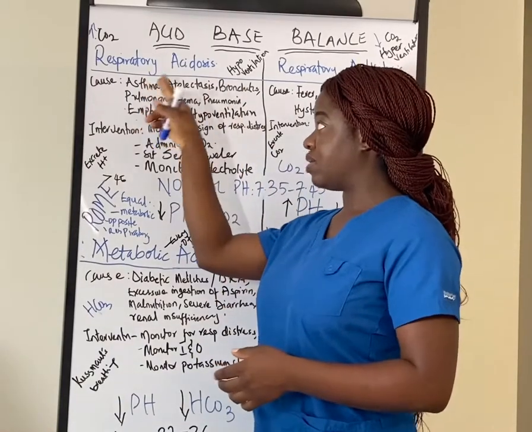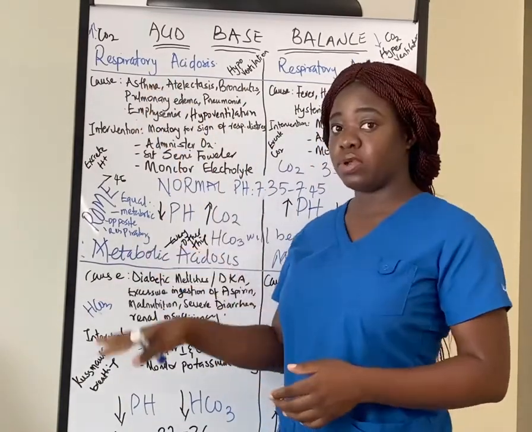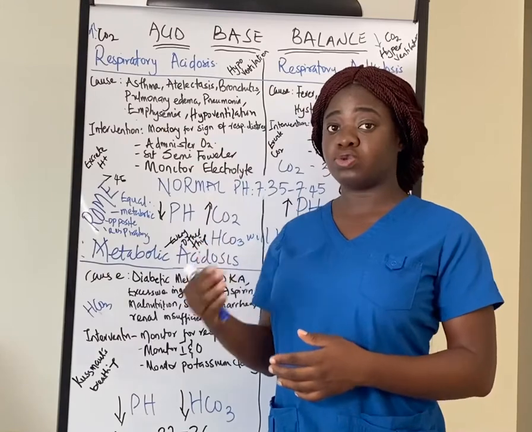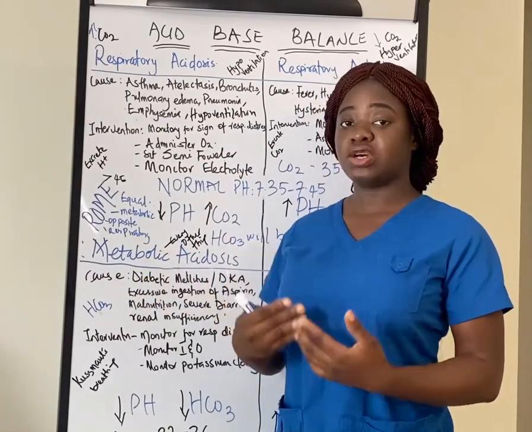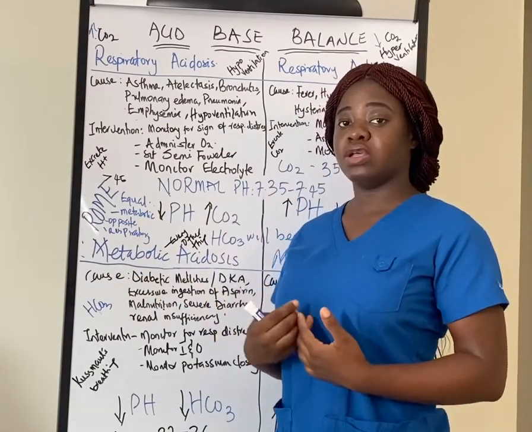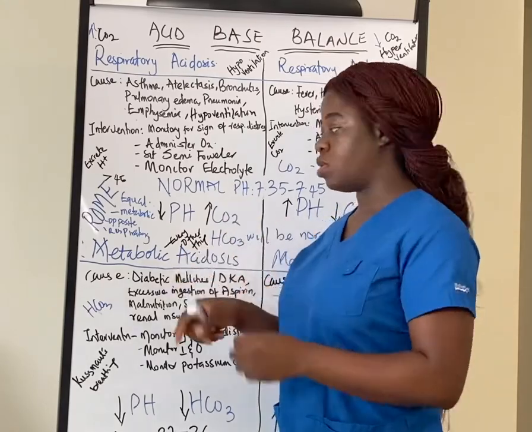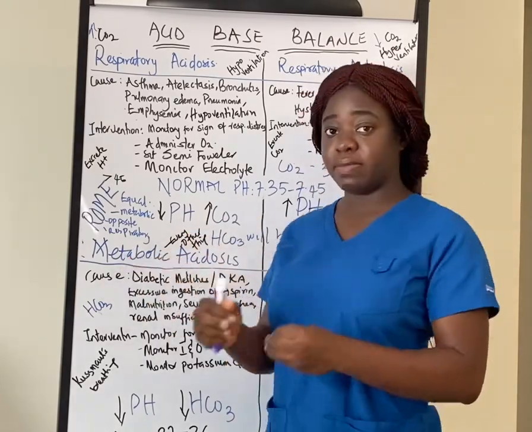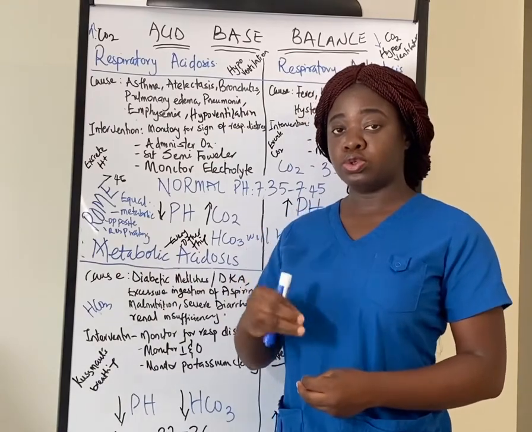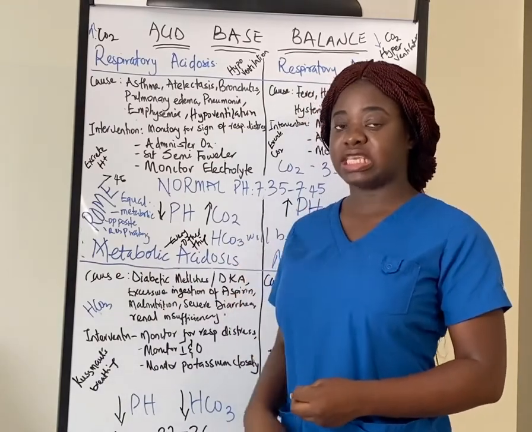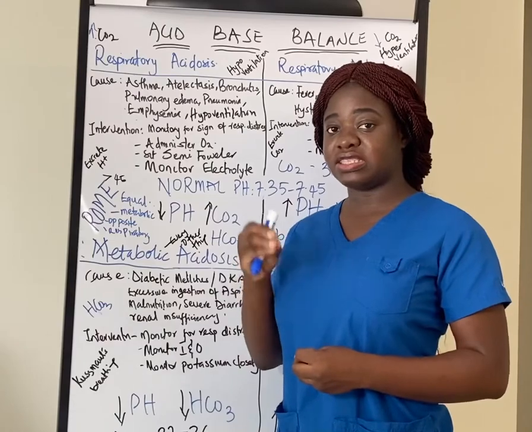We'll be looking at the respiratory and the metabolic. When you hear the word respiratory, it tells you lungs, and you need to understand that this deals with the CO2. And when you hear about the metabolic, you need to understand that it deals with the kidney, that's HCO3.